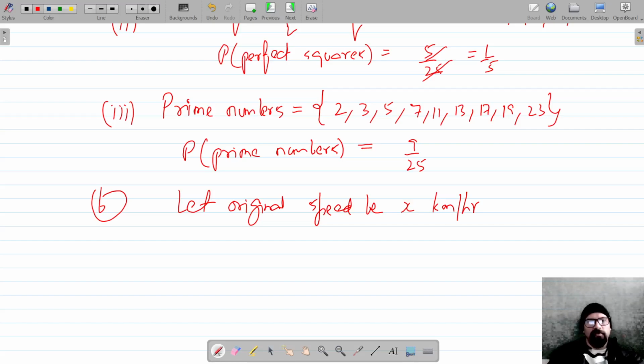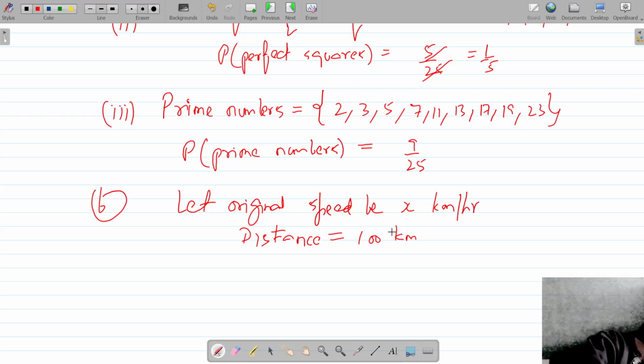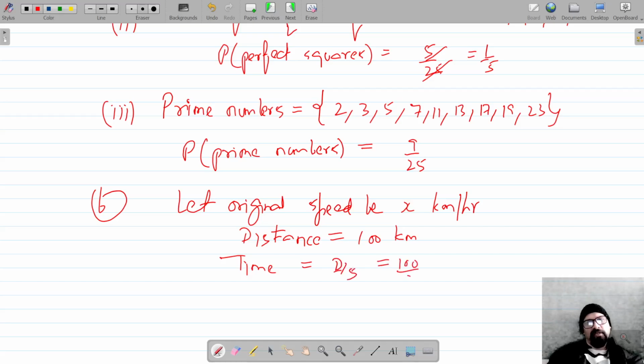And the distance is 100 km. Now, the time in this case, with the original speed, is given by distance by speed, which is 100 by x, in hours.